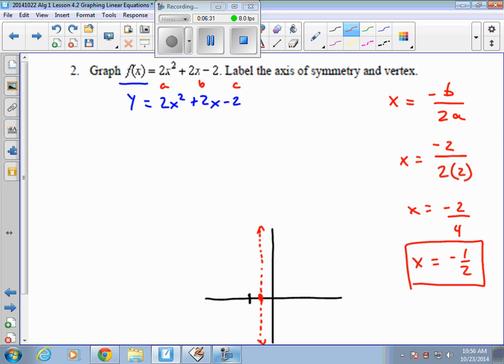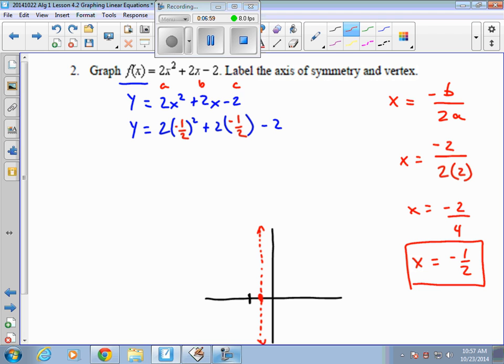In order to find the rest of it, we need to find the y value, how high up or down the y is when we use that negative 1/2 for our vertex. So in order to find y, go up to our original equation, y equals 2 times x squared plus 2 times x minus 2, and plug in that value we just found, negative 1/2, in place of x.